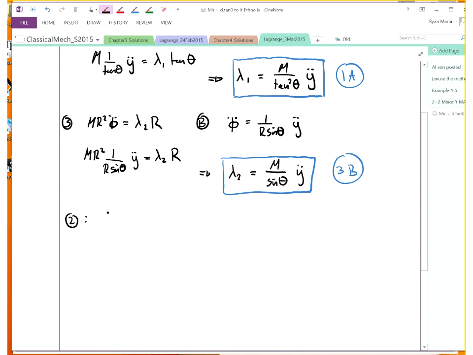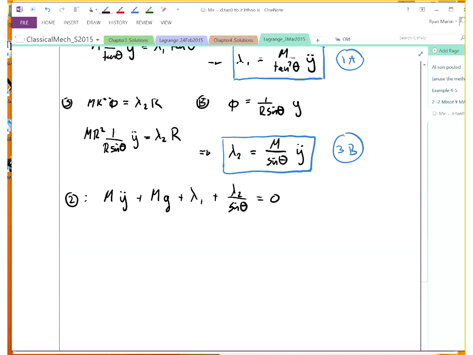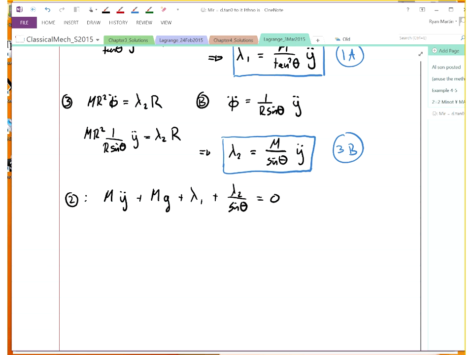So we've used all the equations except equation 2, so now it's probably a good time to use equation 2. So what was equation 2? Equation 2 was m y double dot plus mg plus lambda 1 plus lambda 2 over sine theta equals 0. If I'm not careful, my g's look like y's, but there are no y's, only y double dots.